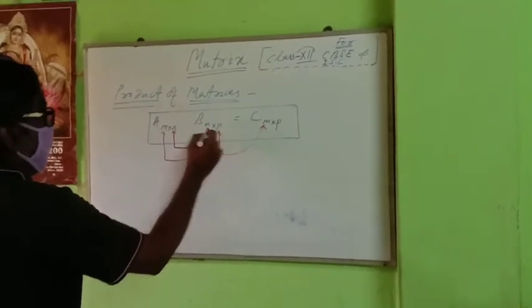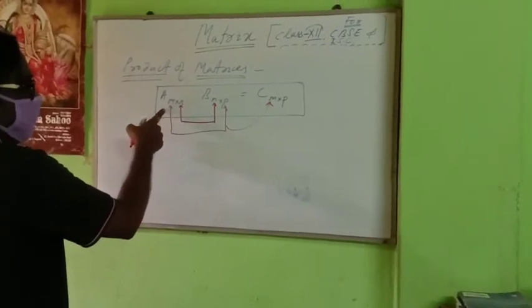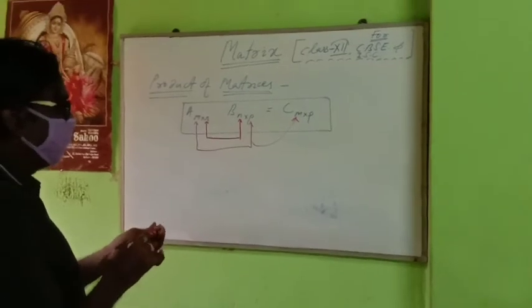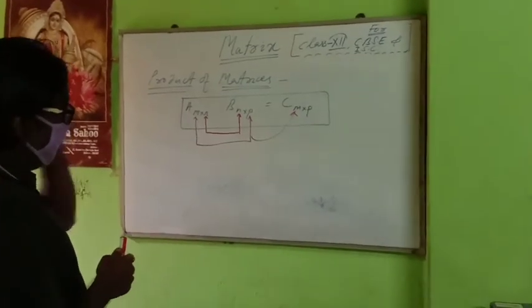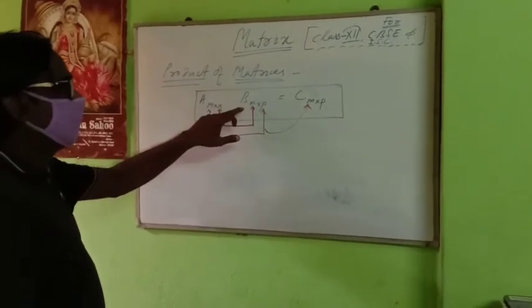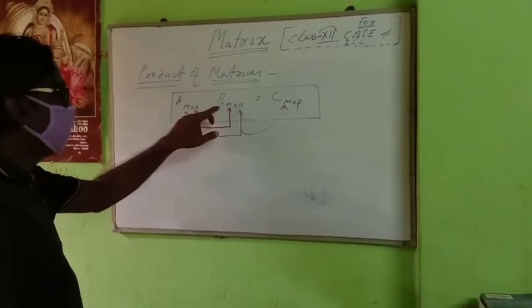After removal of rows, these columns and rows, what is left? M by p. The result will be m by p. That way again I am explaining. A is a matrix having order m by n. B is a matrix having order n by p. This should be equal.